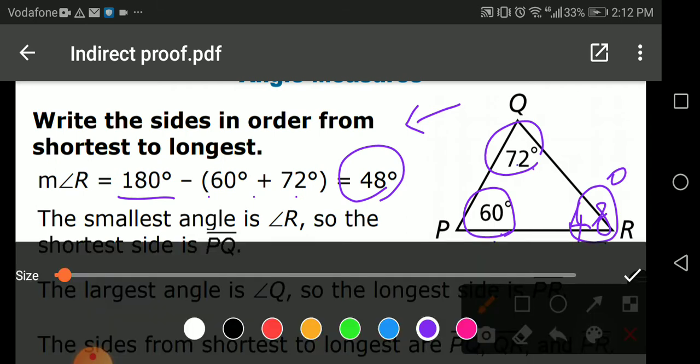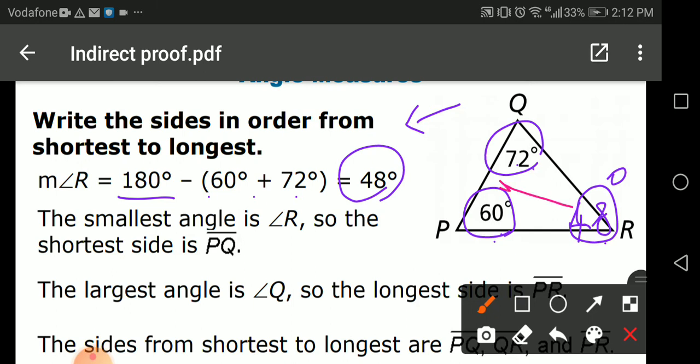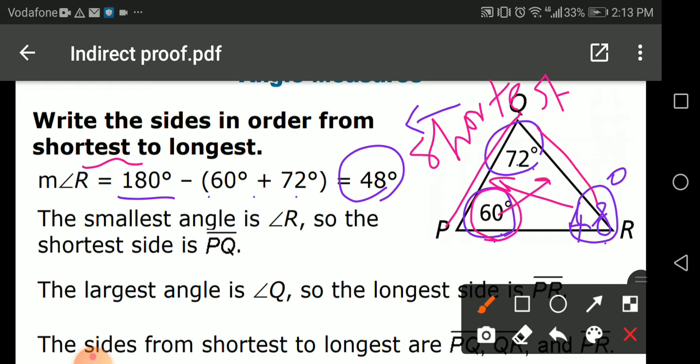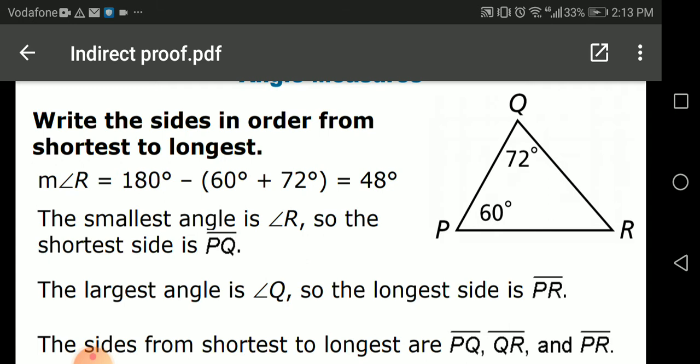The least one, 48, is opposite the shortest side. Then he asks me to order from shortest to greatest. 60 is opposite QR, so QR comes second. Then 72 is opposite PR, so PR comes last, the longest one.